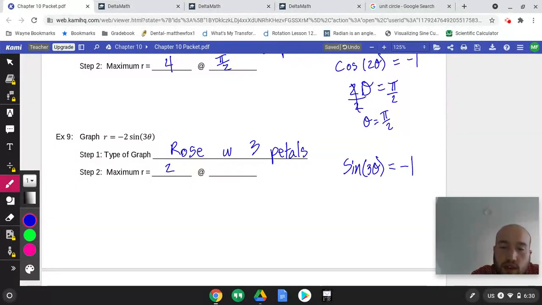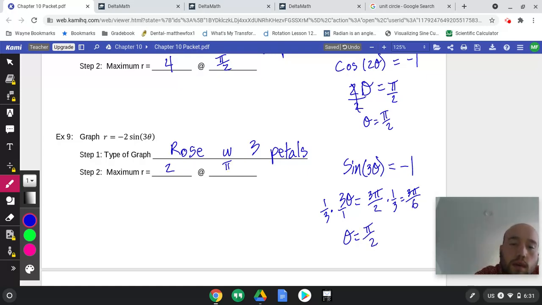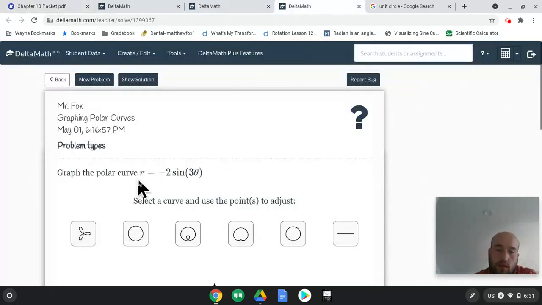Okay, so -1 is down, so this will occur when 3 theta equals 3 pi over 2. Okay, so that's over 1, times by 1/3. Theta equals, once again, 3 pi over 6, which reduces to pi over 2. So it'll have a max of 2 at pi over 2.